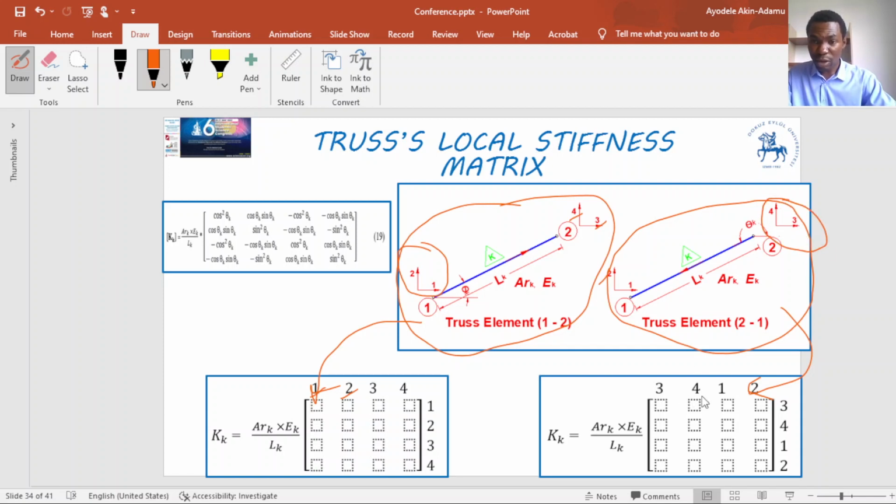That's why we have 3, 4 here. 3, 4, 1, 2 along the column, and 3, 4, 1, 2 along the row. So this is the importance of defining the direction for each element. It defines how you number your matrix. So this concept you really need to understand to be able to apply the finite element procedure to solve truss problems.